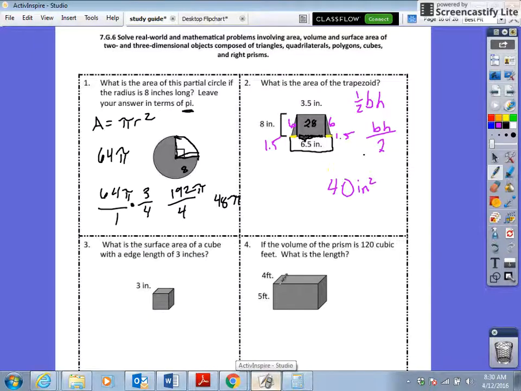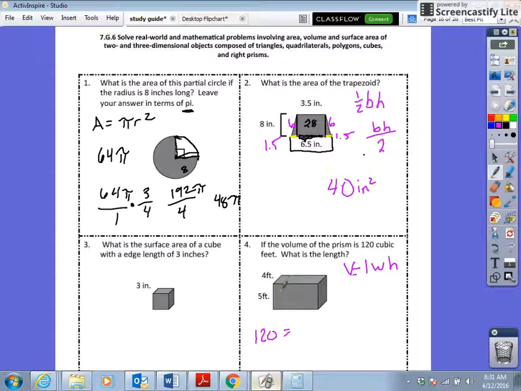Now, these two are a little more complicated. I'm actually going to skip to 4 really quick because volume is much easier than surface area. If the volume of a prism is 120 cubic feet, what is the length? Okay, so we know that volume is length times width times height. It told us the volume is 120 already, so I took the V out and put 120.